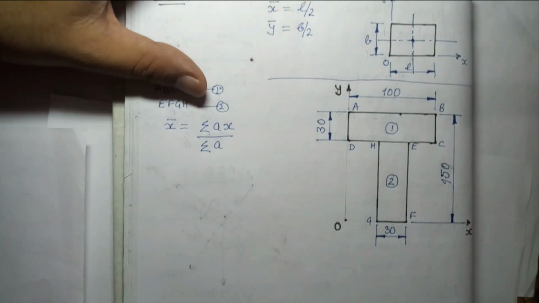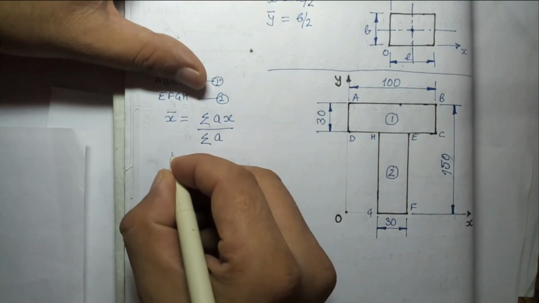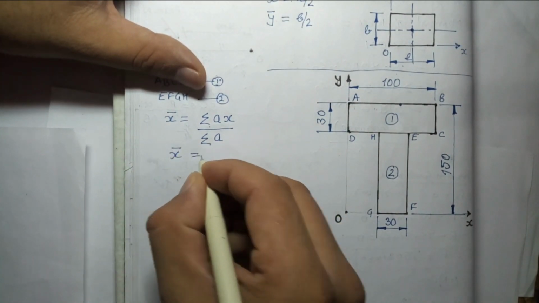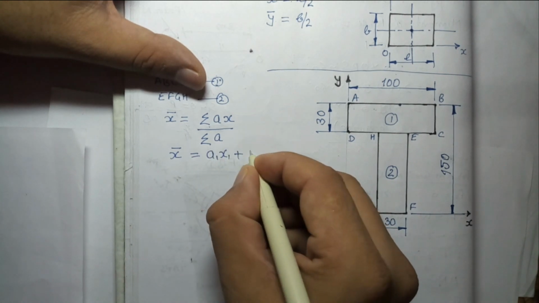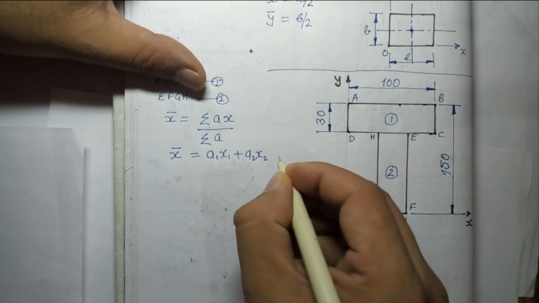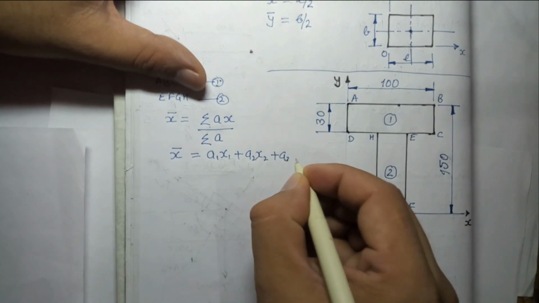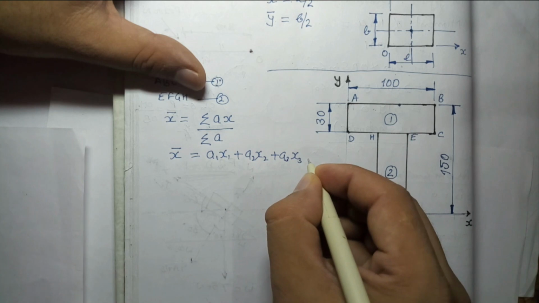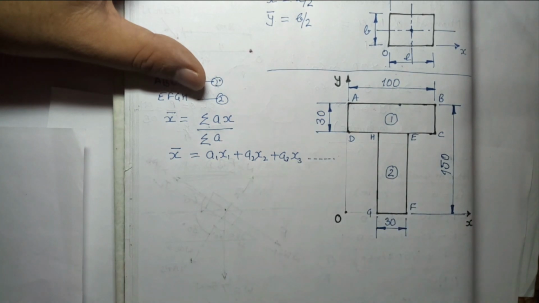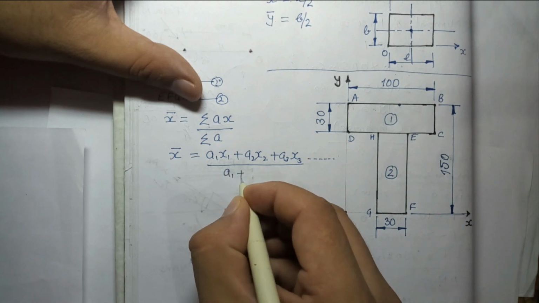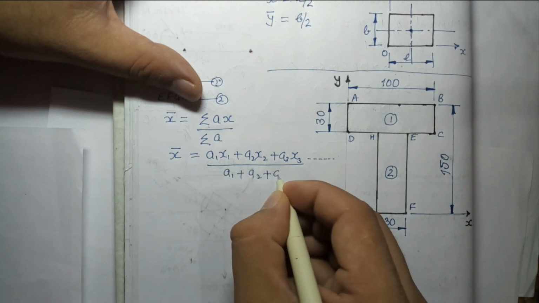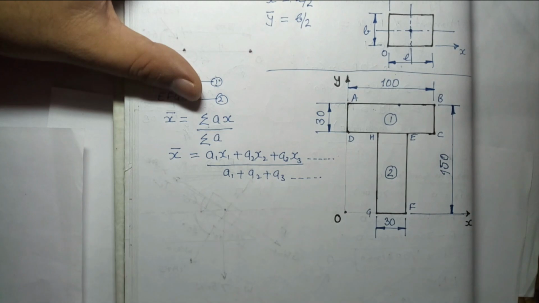What is the meaning of this? x bar is equal to a1 x1 plus a2 x2 plus a3 x3 and so on, as per the number of areas, divided by a1 plus a2 plus a3, as per the number of areas.